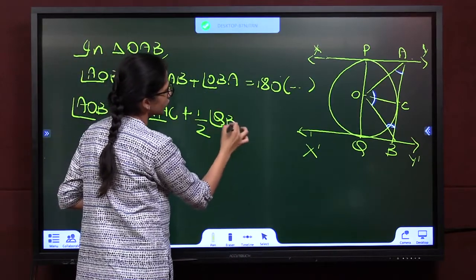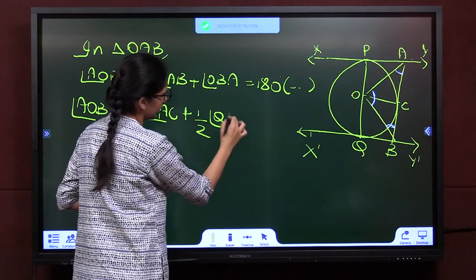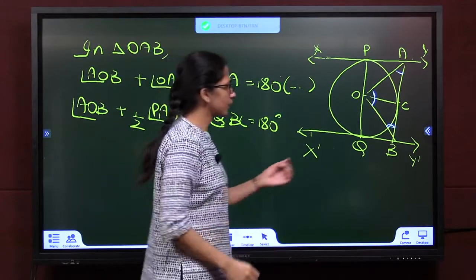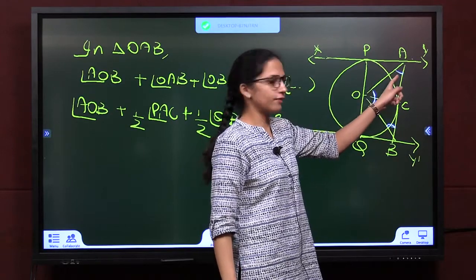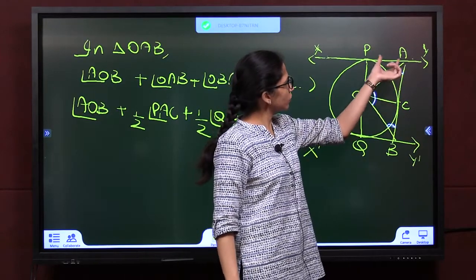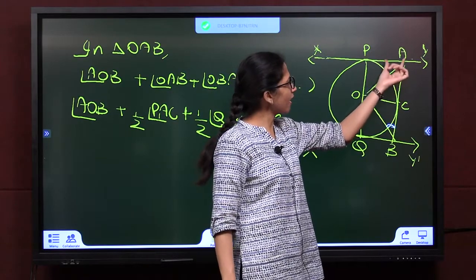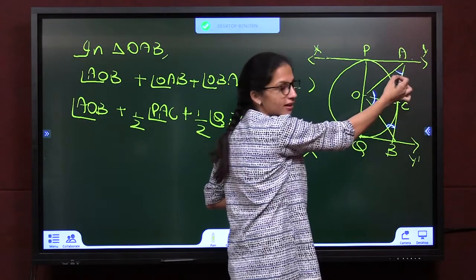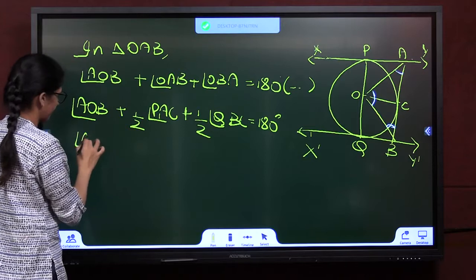Because from equation 2 and 3, we already know that this angle is equal to this angle is equal to this angle. So this whole angle PAC is nothing but half. This OAC is half of PAC. See, if this whole angle is x, this is half x. Correct? Just like that. So now take half common.